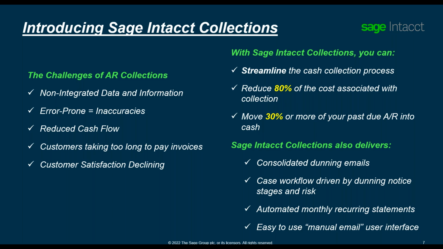So you can automate and streamline the day in the life of a collections analyst by allowing them to focus on invoices and customers that carry the most risk or require attention. With dunning notices sent out automatically from Sage Intacct, based on criteria and templates established by you, the need to maintain separate records such as notes, databases or Excel is eliminated.